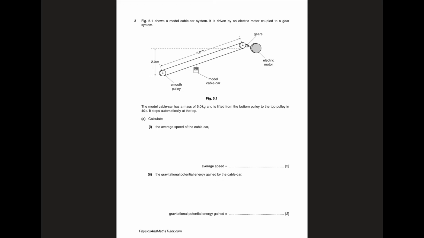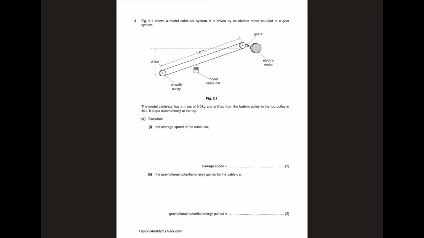The model cable car has a mass of 5.0 kg and is lifted from the bottom pulley to the top pulley in 40 seconds. It stops automatically at the top.